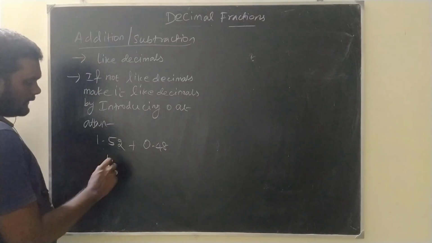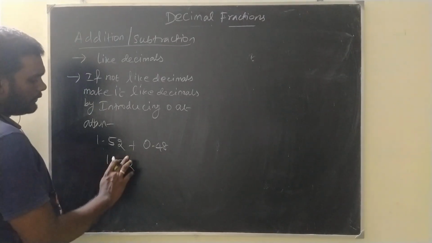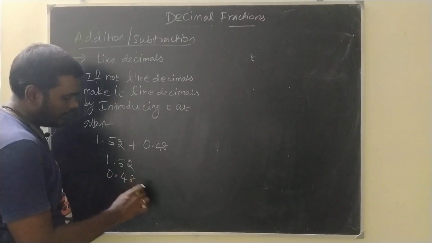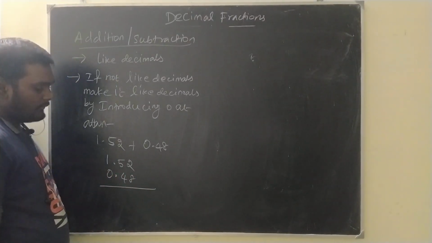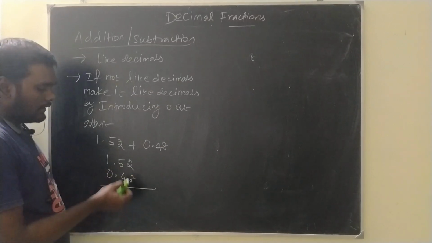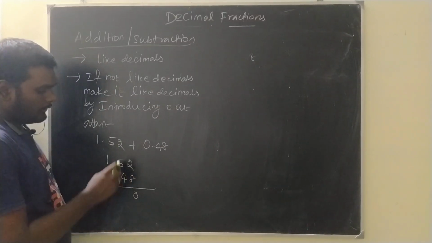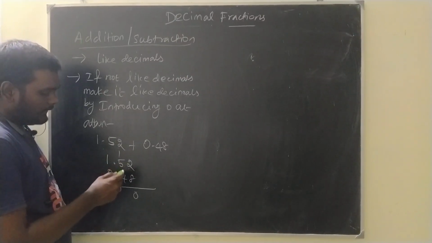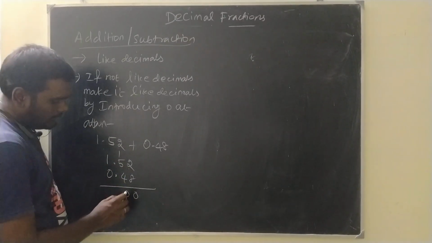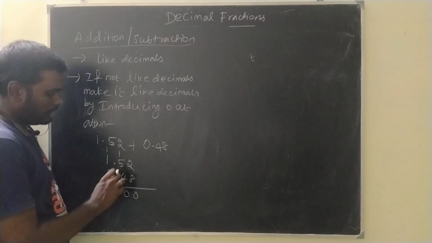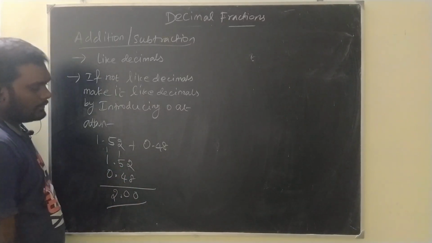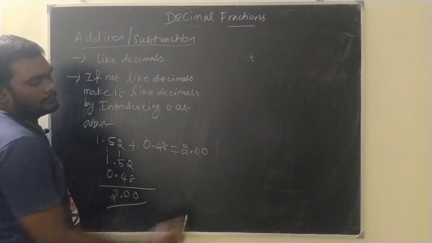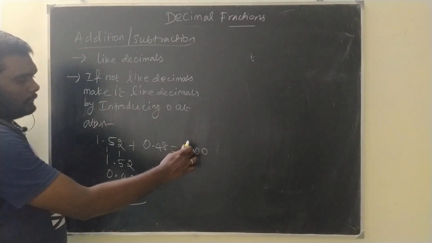How do we add? Write 1.52, and the same decimal point has to be maintained. Then 0.48. From the last we add: 2 plus 8 is 10, 0 and carry 1; 1 plus 5 is 6, 6 plus 4 is 10, 0 and carry 1, 2. The same decimal place has to be kept here. So the answer is 2.00, and that means 2.